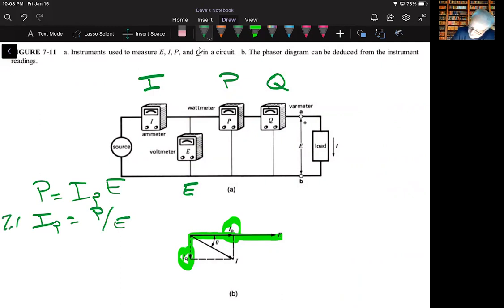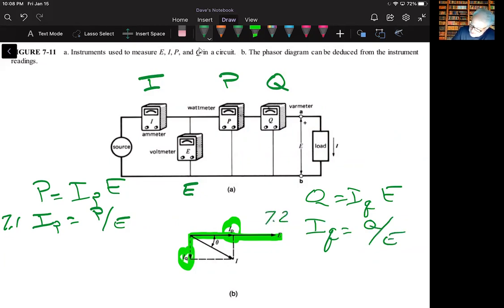We can do the same thing over here for Q, and Q would be I sub Q times E, same voltage source. Solve for I sub Q, that would be Q divided by E. All right, so you've got to get used to using these new designations. Not everything is power in watts anymore.